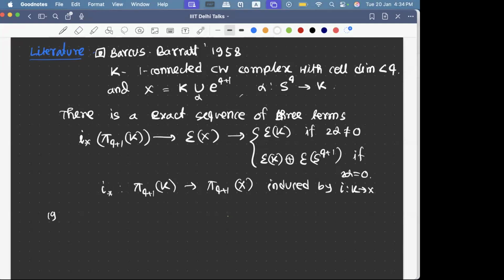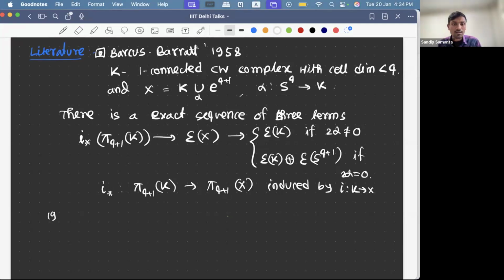It's a map from S^(q+1) to K, right? I haven't specified the map from I star pi q plus 1 of K to this EX. So there is some map such that this composition is 0. Exactly, the map I didn't specify. So there is some map here.